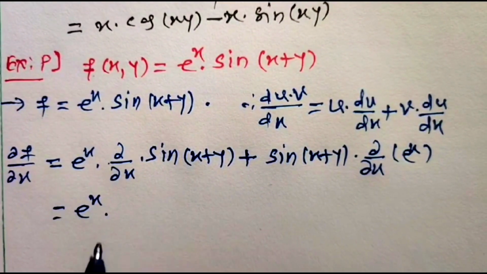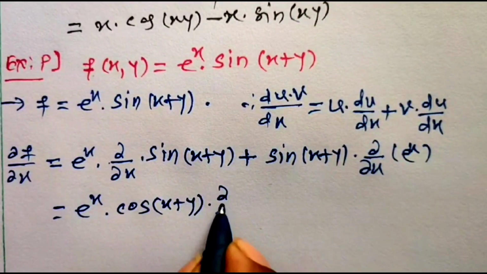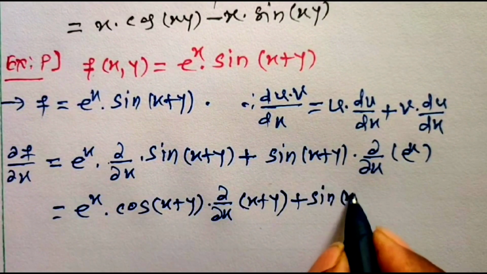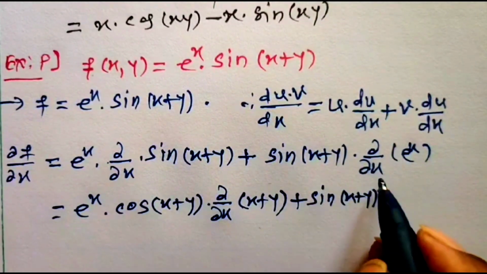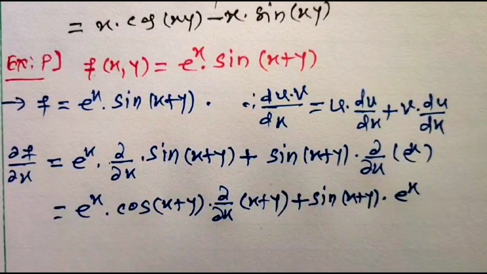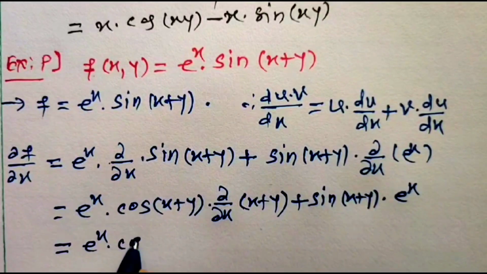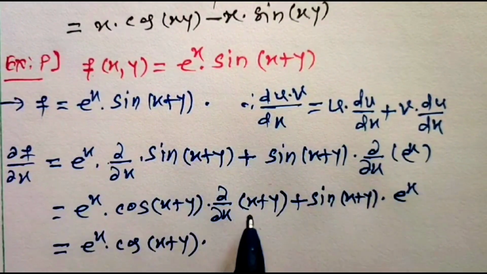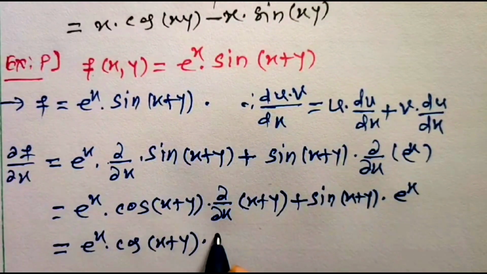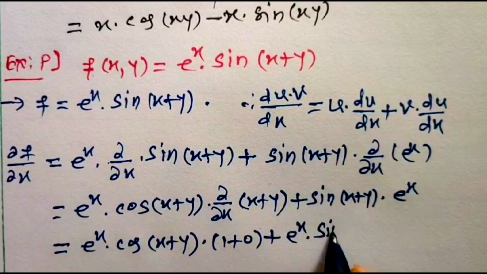The derivative of sine is cos of x plus y, and then the partial derivative with respect to x of x plus y, plus sine of x plus y into the derivative of e to the power x with respect to x, which is e to the power x. This is equal to e to the power x into cos of x plus y, since the derivative of x with respect to x is 1 and the derivative of y with respect to x is 0, plus e to the power x sine of x plus y.